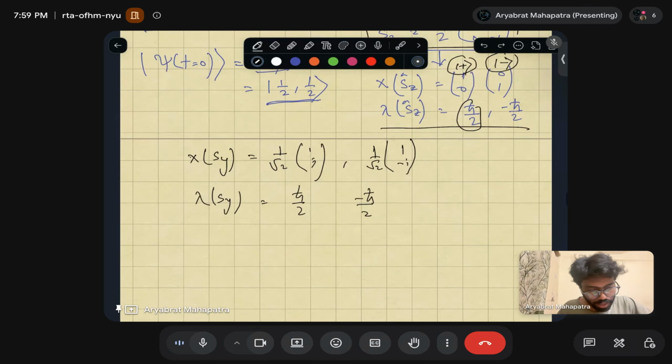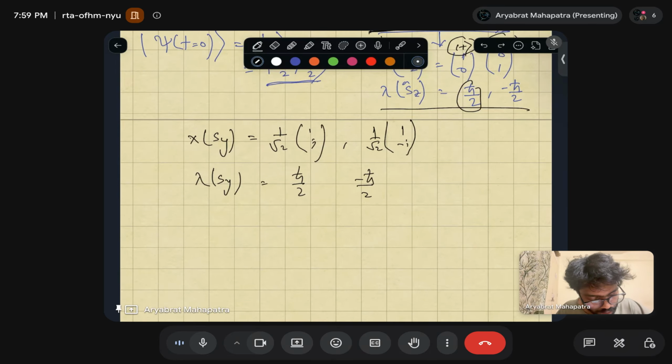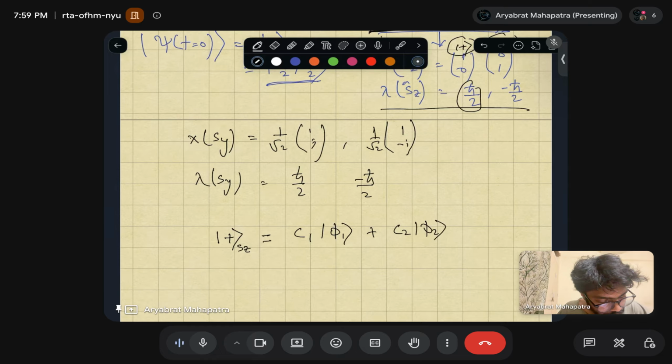For example, what I'm trying to say is, you can write plus, which is the eigenvector of Sz, as some linear combination c1 phi 1 plus c2 phi 2, where phi 1 and phi 2 are your eigenvectors of Sy. So this is your phi 1 and this is your phi 2.